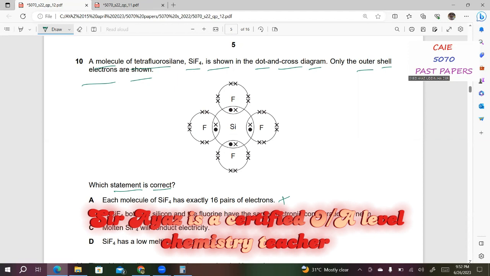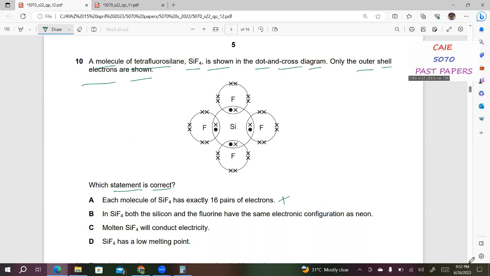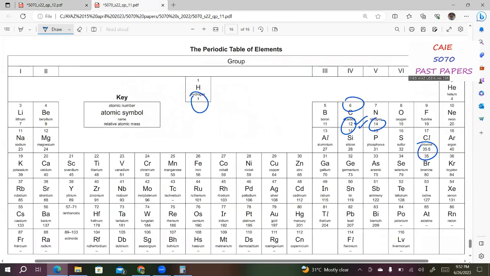B. In SiF4, both the silicon and fluorine have the same electronic configuration as neon. First of all, I have to look at the proton number of silicon and fluorine. Silicon, it's 14.